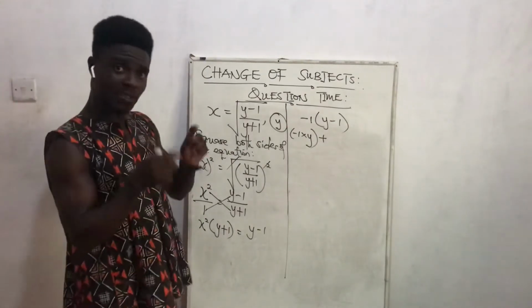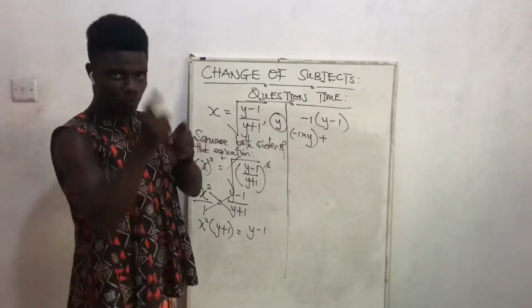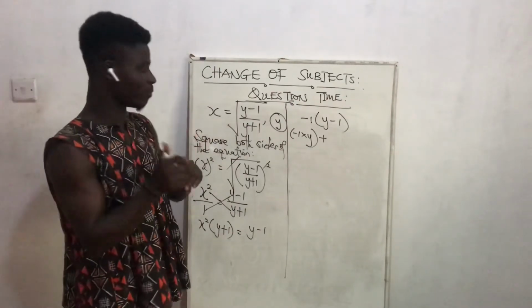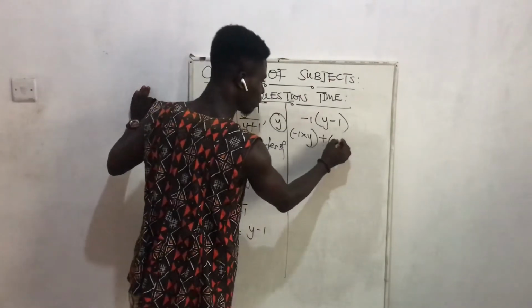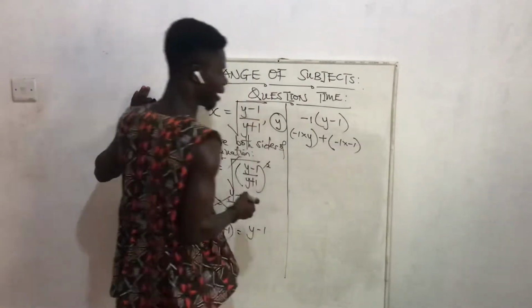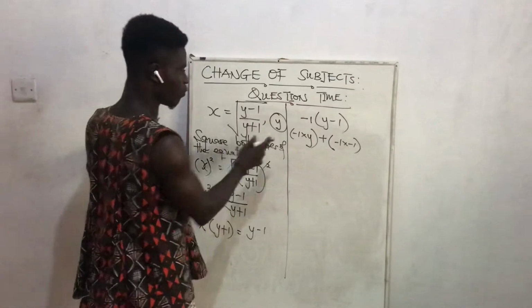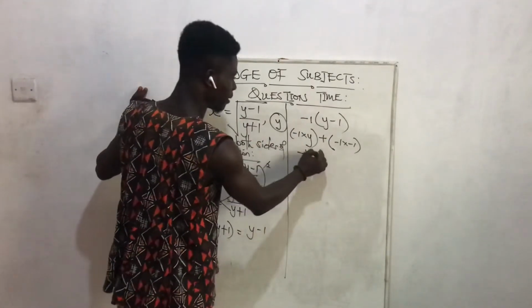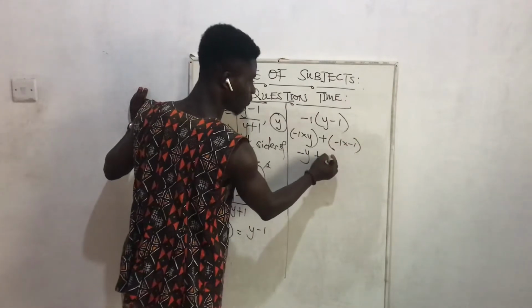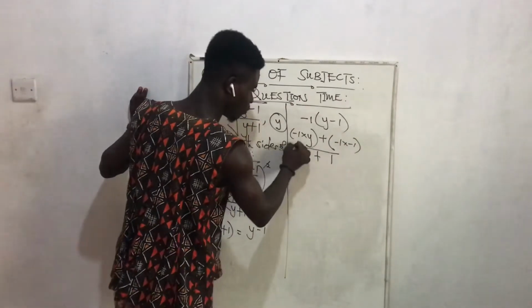Negative 1 is multiplying y minus 1. Then negative 1 times y, then drop your plus, because I said that when you see negative, doing multiplication, drop positive so that you can do it very simply. So negative 1 times y gives negative y. Then negative times negative is positive, so positive 1.